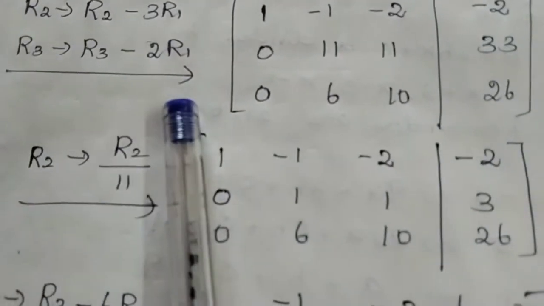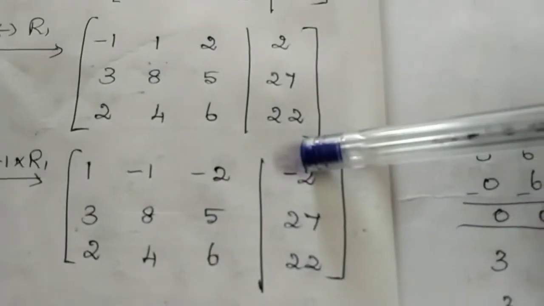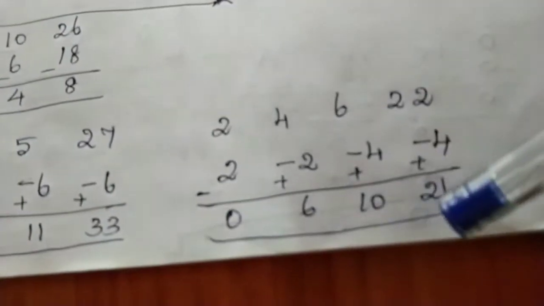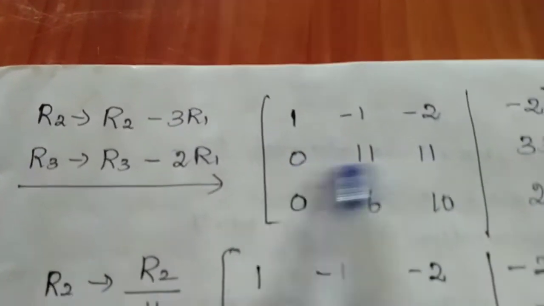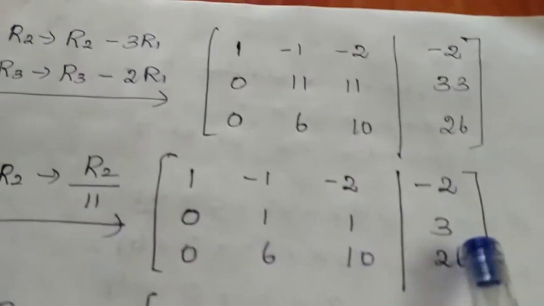Next, R3 minus 2R1. R3, right, and R1 multiplied by 2, simply subtract, we get 0, 6, 10, 26. See that one, R2, 11 is common, divided by 11, we get 0, 1, 1, 3.